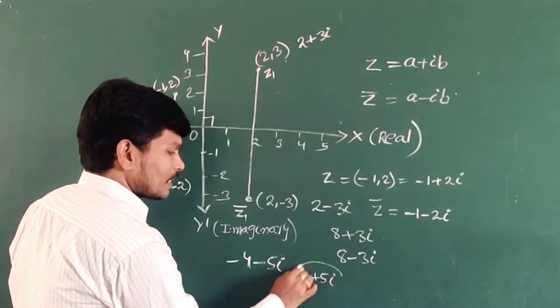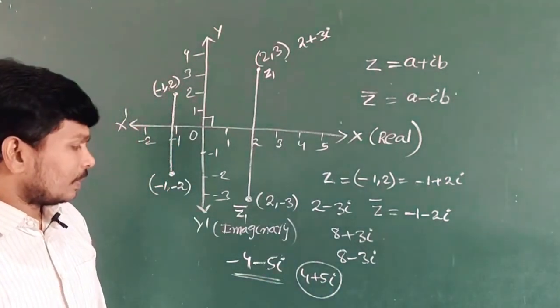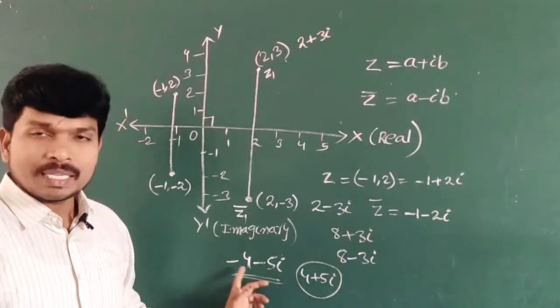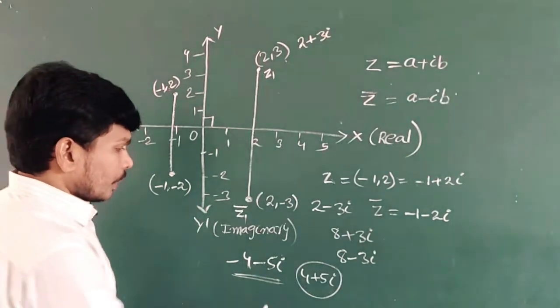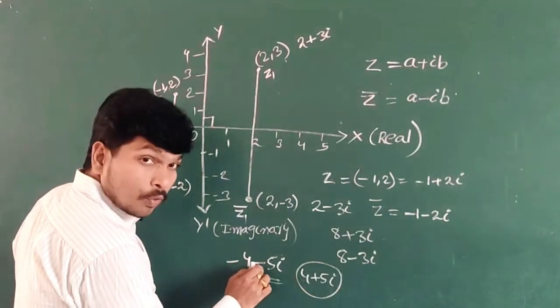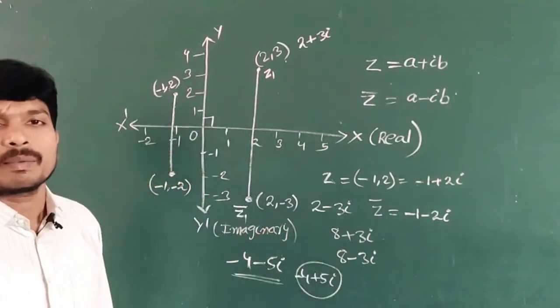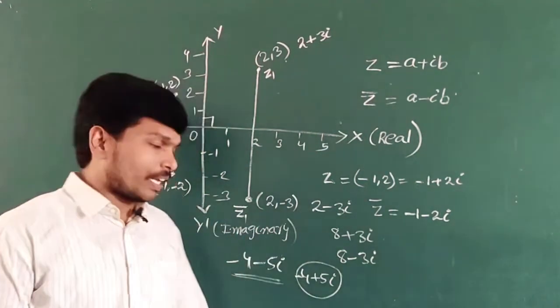No, because if you add them you get a real number, but if you multiply them you do not get a real number, you get an imaginary number. So the conjugate of minus 4 minus 5i is minus 4 plus 5i. Now if you both add and multiply, you will definitely get a real number.